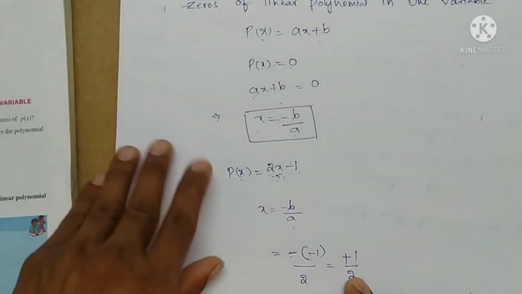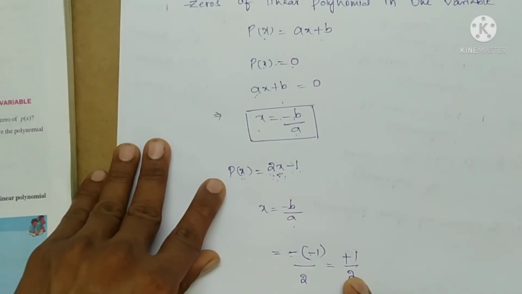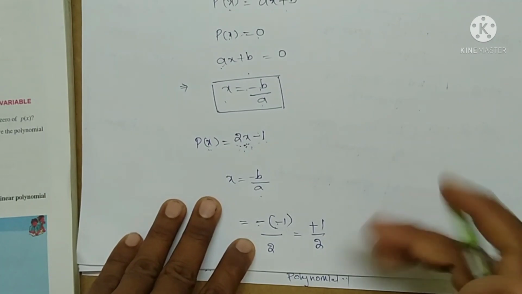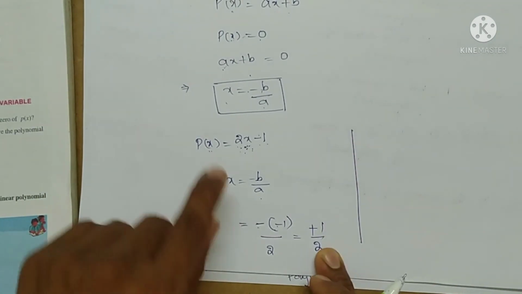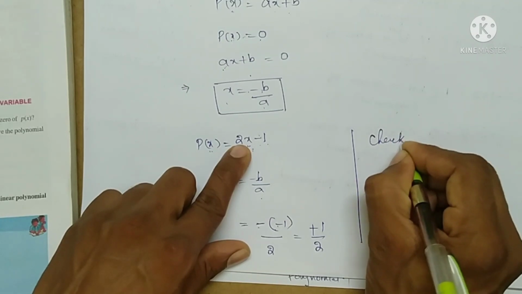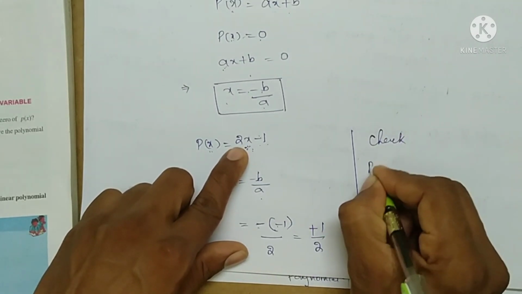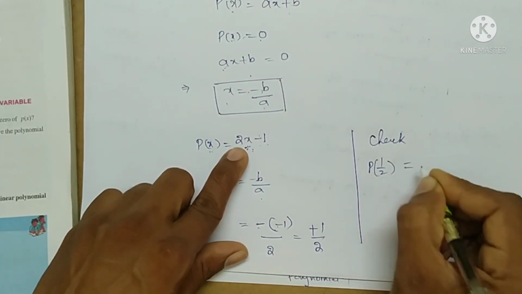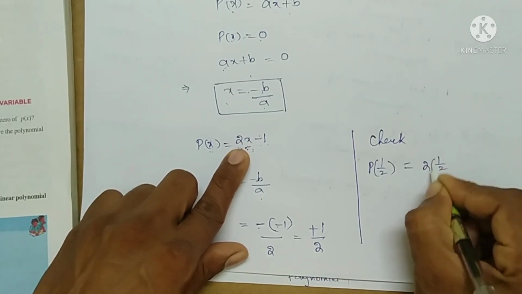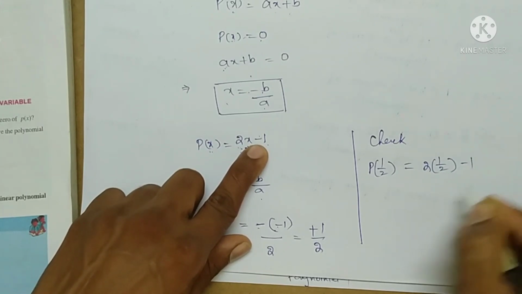So this is the zero of the given linear polynomial. Substitute 1 by 2 instead of x. So check: p of 1 by 2 is equal to 2 into 1 by 2 minus 1.